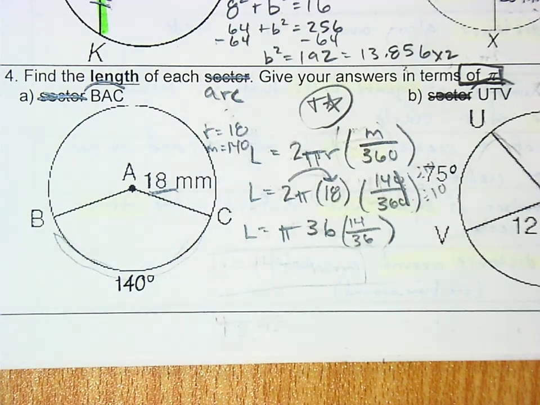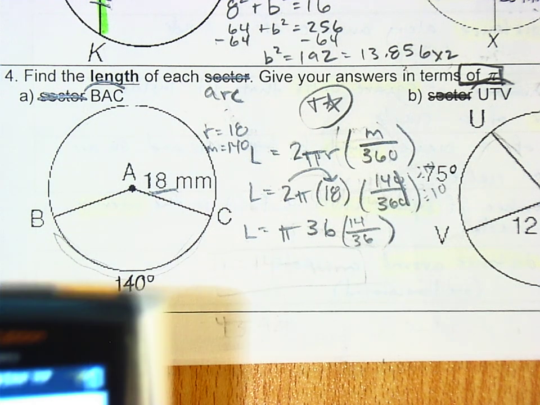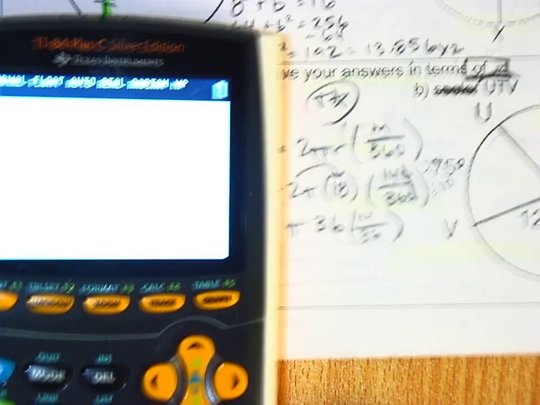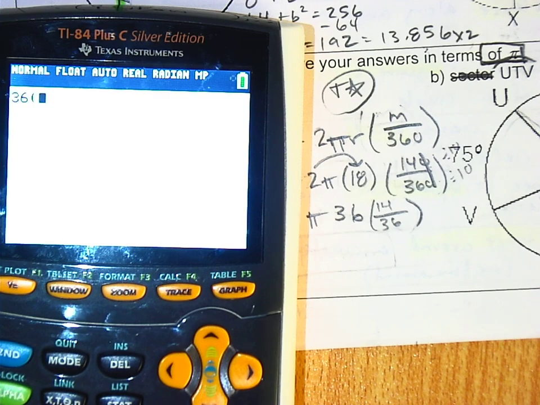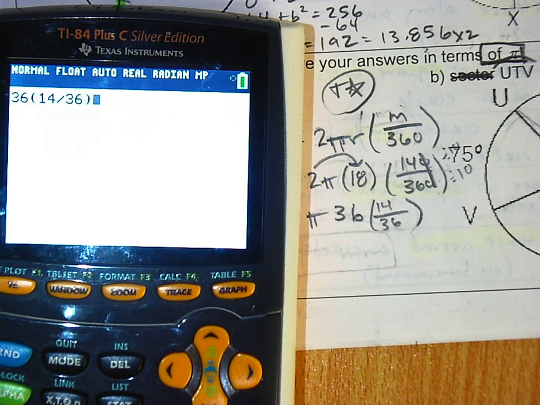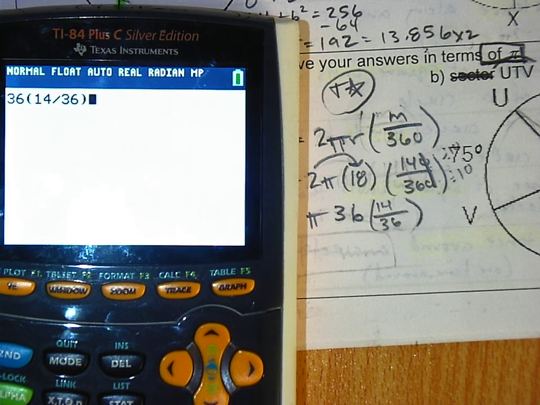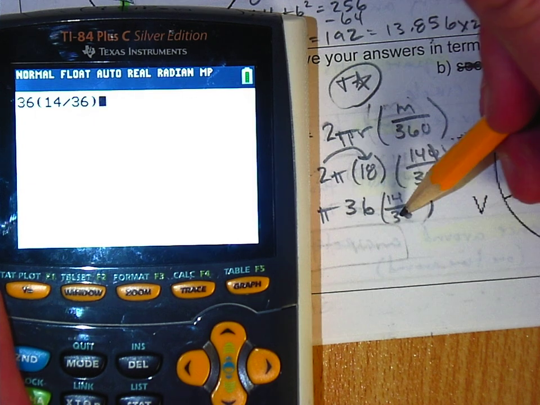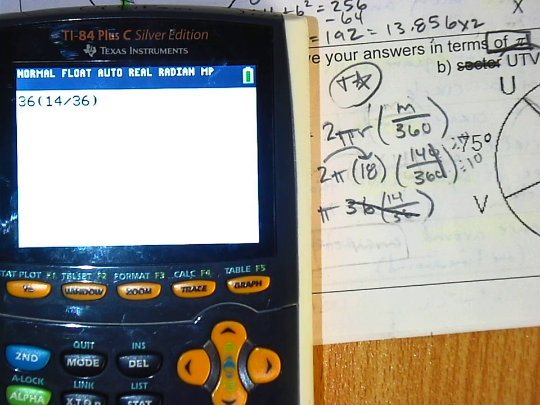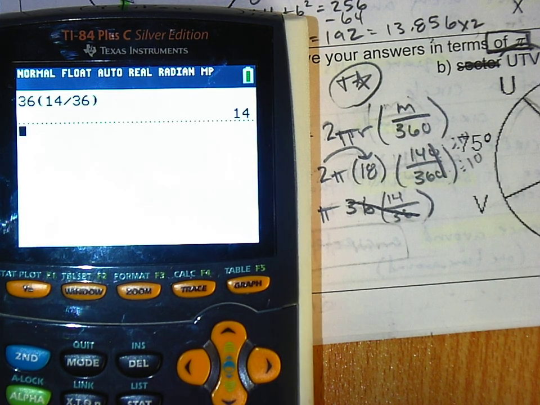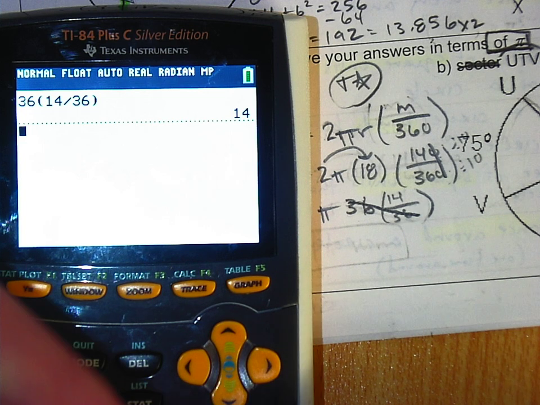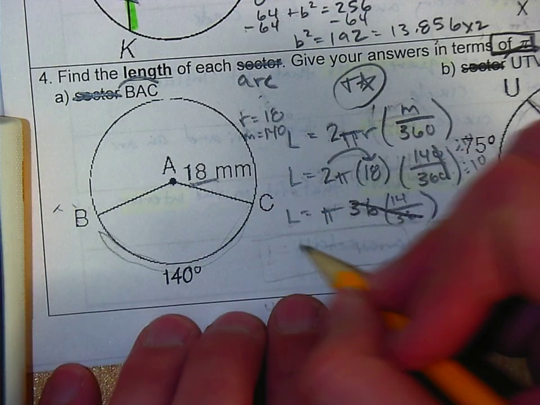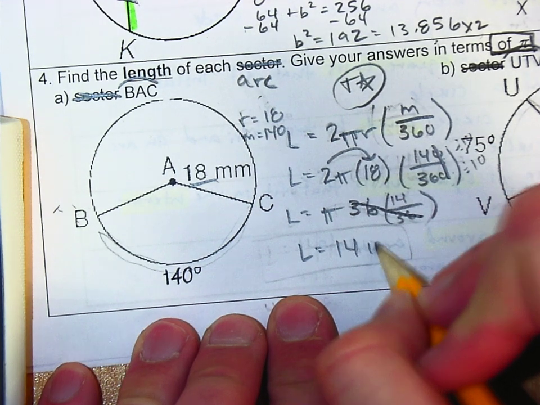And then that is actually something I can type right into the calculator. So 36 times 14 over 36. And I notice right off the bat that these 36's are actually going to cancel. And it's just going to leave me with my numerator 14. So L is 14 pi.